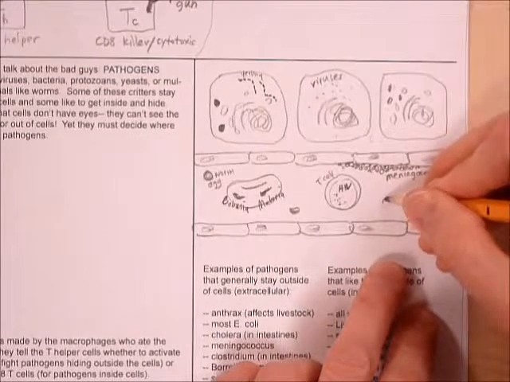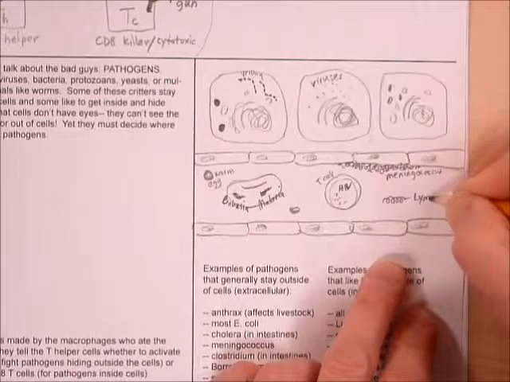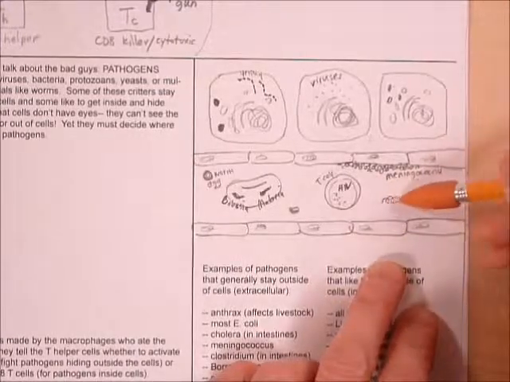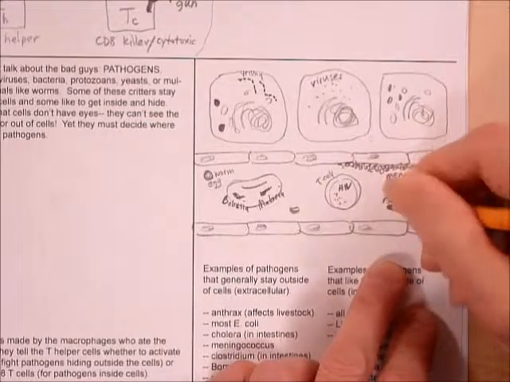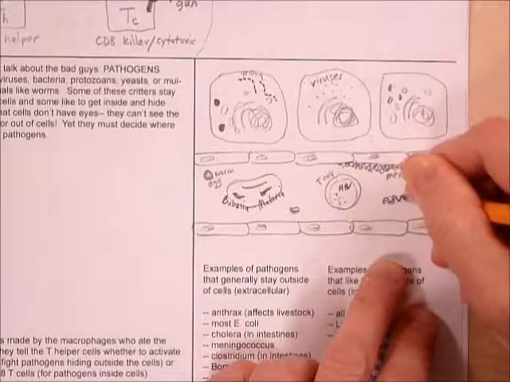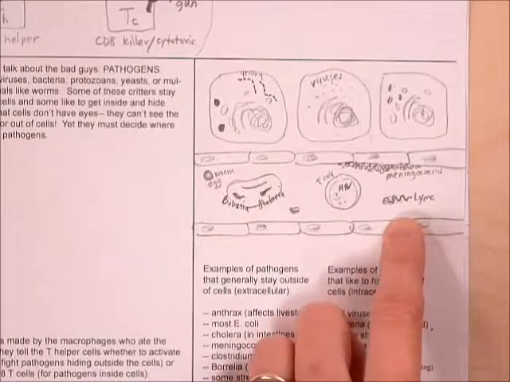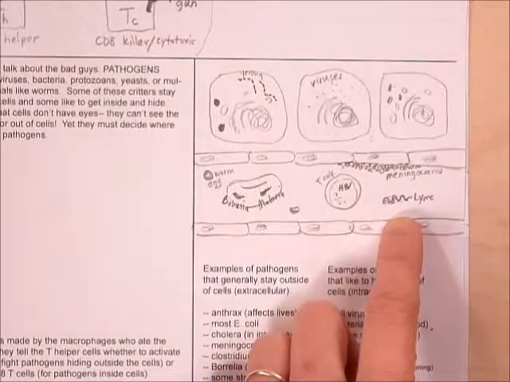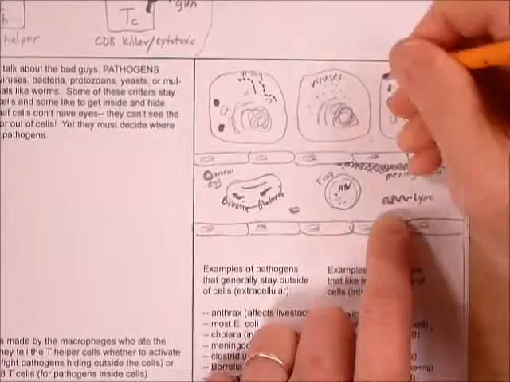And let's pretend there's Lyme, a little spirochete. It's squiggly. It doesn't really look like a corkscrew. It kind of looks like an up and down little S shape like that. So there's Lyme floating in your blood. And then it gets out of the blood as fast as it can. It doesn't like the blood, but we can put another Lyme up here.